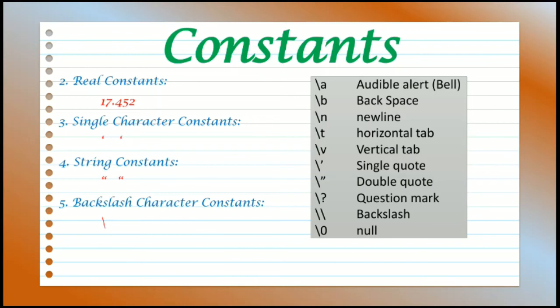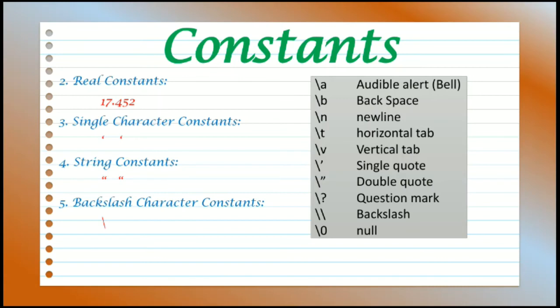Next one, \b is used in output for backspace. Next, \n is used for new line. Next, \t, it is used for horizontal tab. Next one, \v, it is used for vertical tab.